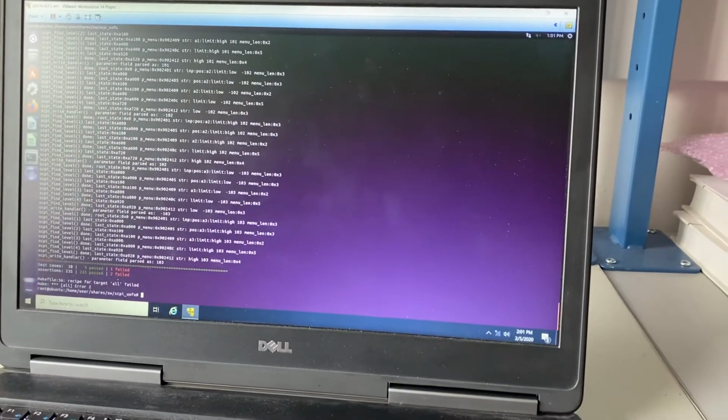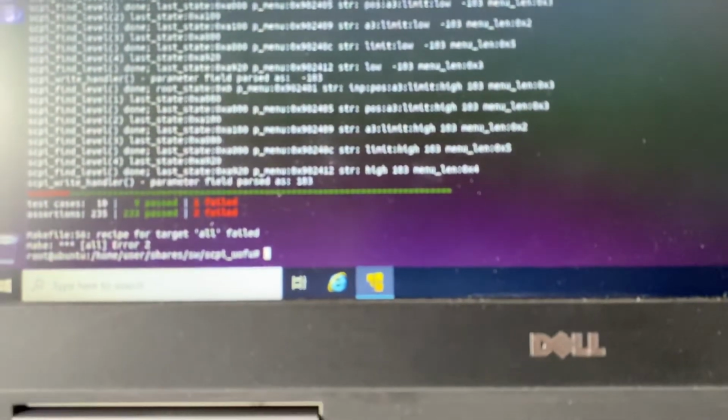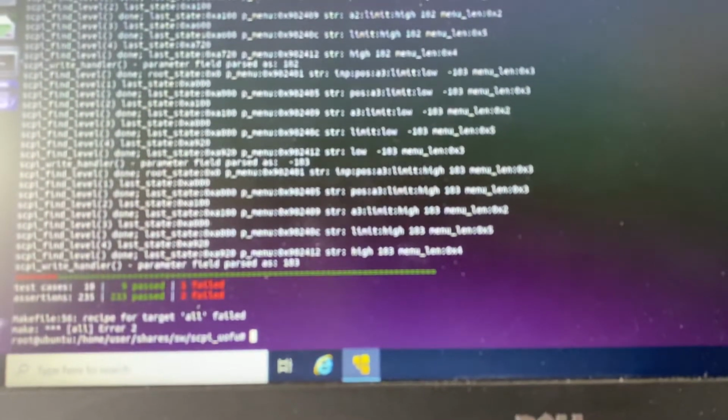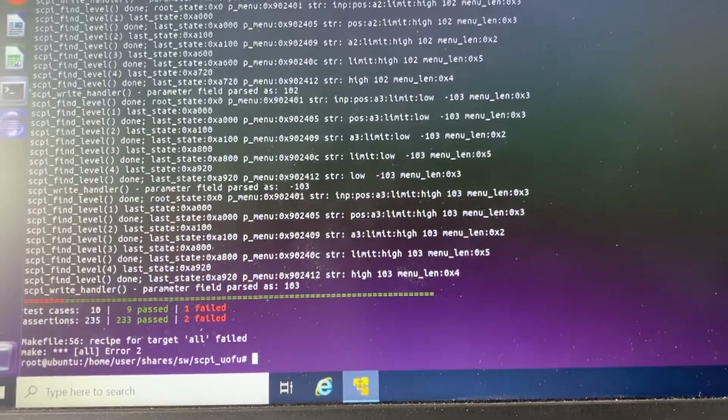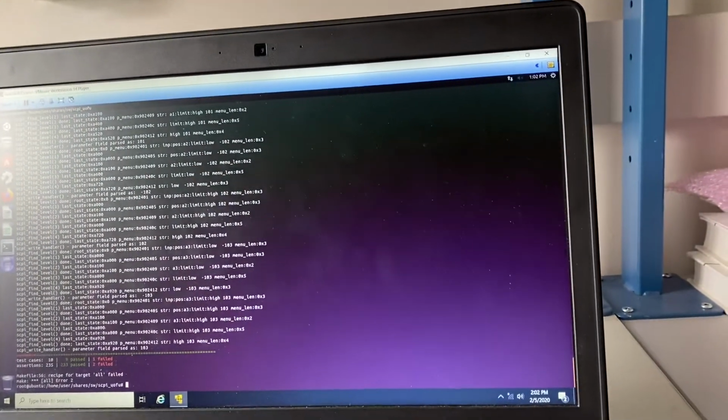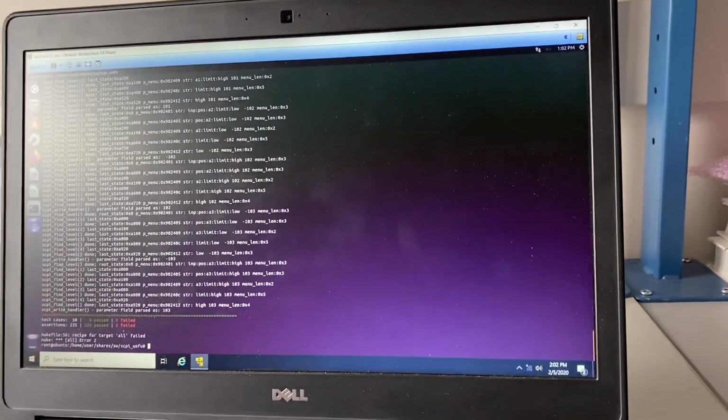Okay, so 233 out of 235 unit tests passing. It compiles on the target as well. I'm just locally testing it with my unit test, but the CCS project is compiling and working as well.